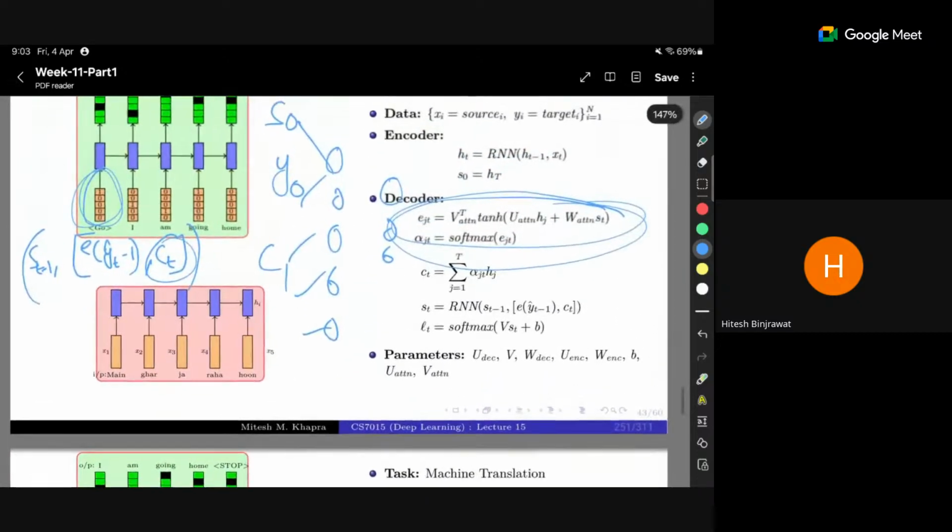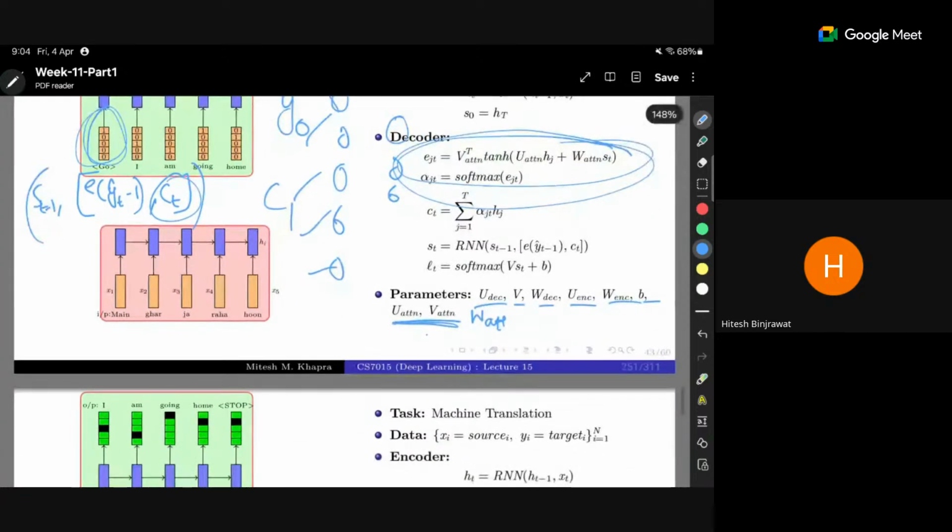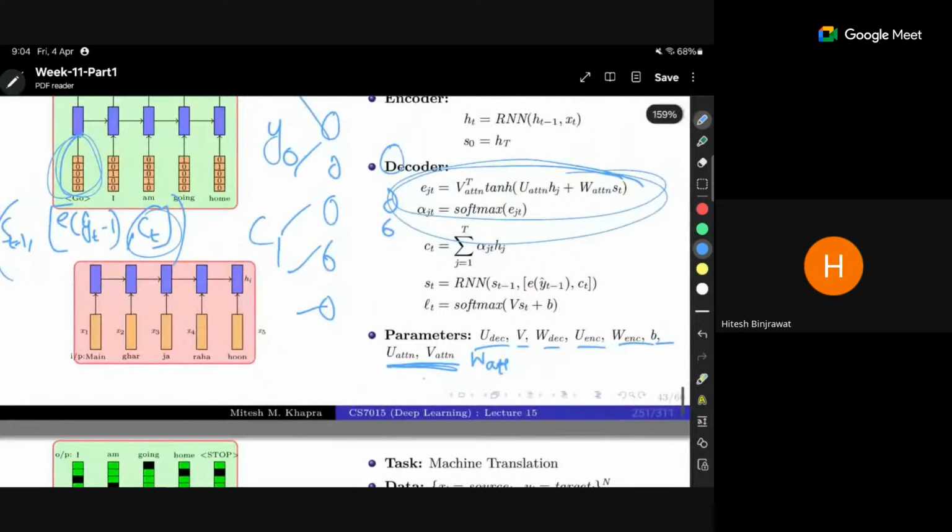The parameters now coming up are decoder V, W C, and now U and V attention. I think W attention is missing, but that is also there. So you have to handle about nine types of parameters now. In the encoder, we don't do the prediction, so there is no V encoder.